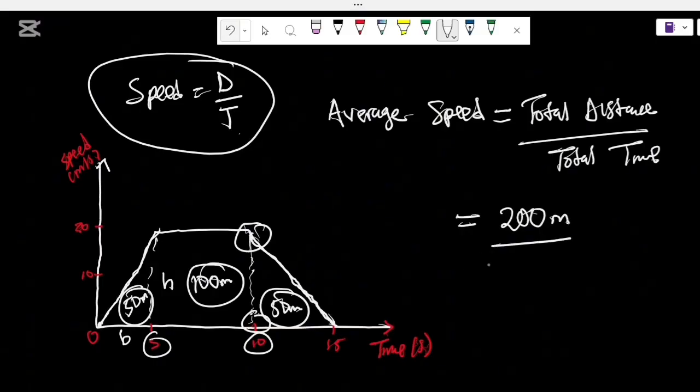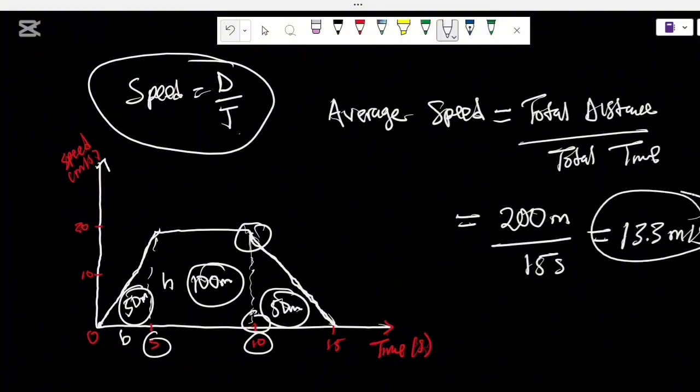And when you look at the total time taken, this is 15 seconds. So 200 divided by 15 is going to give us 13.3 meters per second. And so this is the average speed for the entire journey.